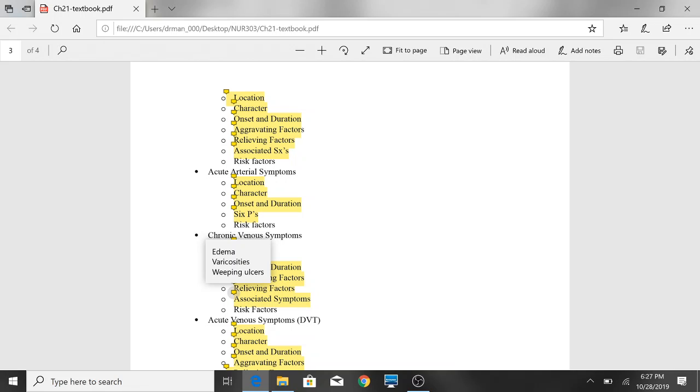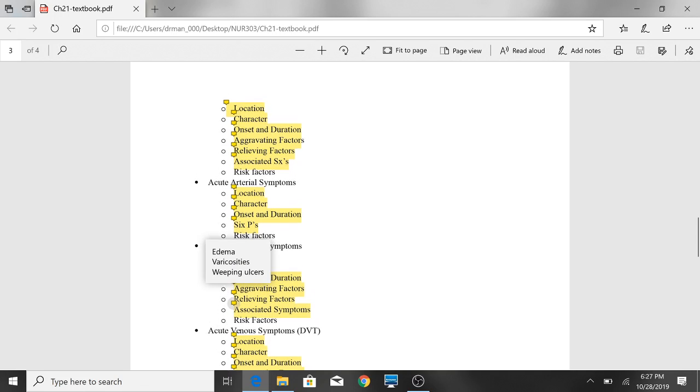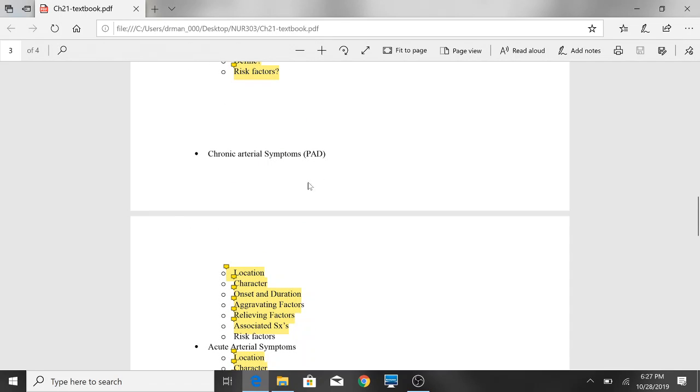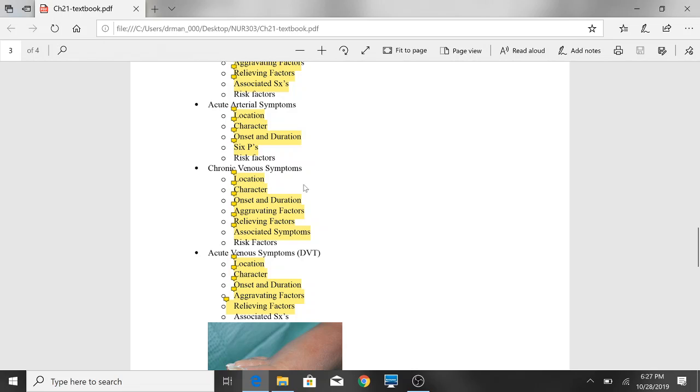Before I go on to the acute one for DVT, also chronic arterial symptoms is PAD, and acute venous symptoms is DVT. Chronic arterial PAD, acute venous DVT. Basically, arterial disease causes signs and symptoms of oxygen deficit, and venous disease causes symptoms and signs of metabolic waste buildup.